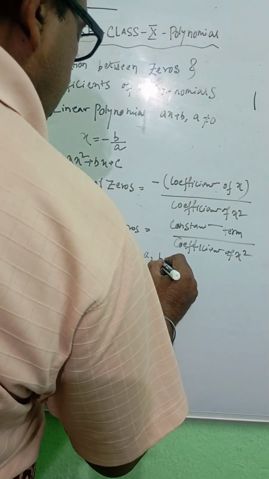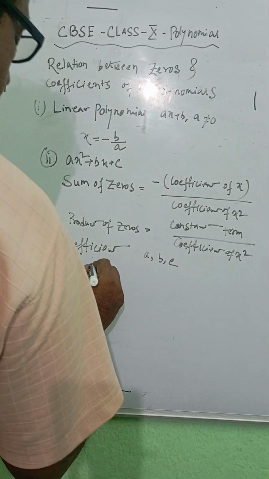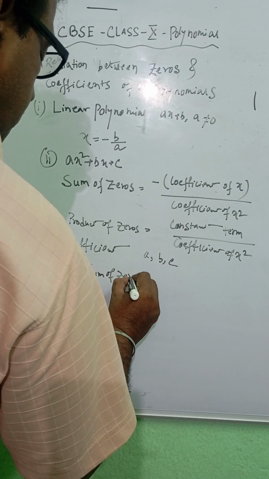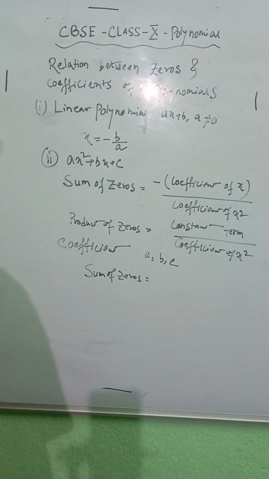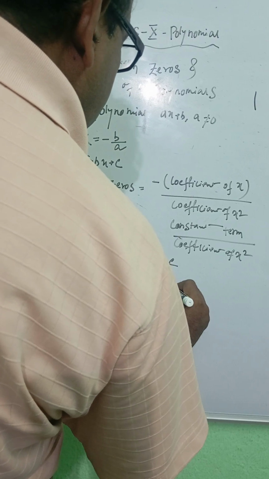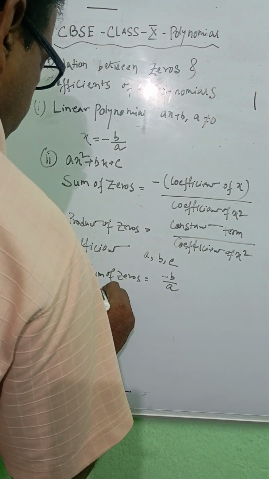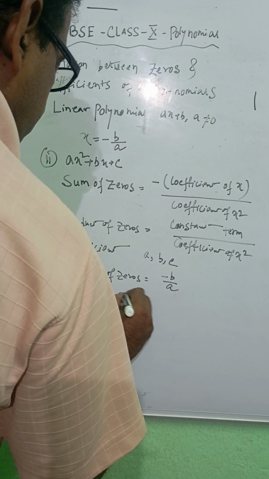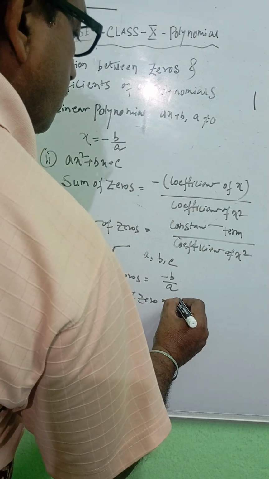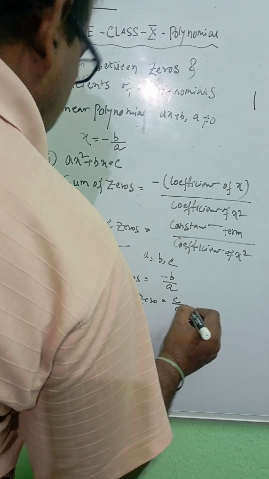A, B and C. Now the sum of zeros is equal to minus B by A, and the product of zeros is equal to C by A.